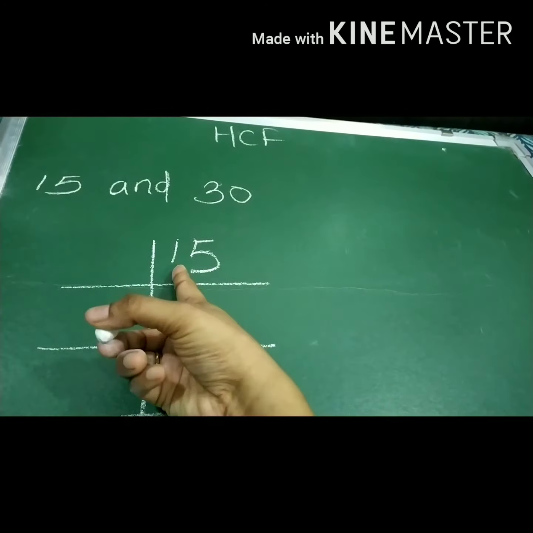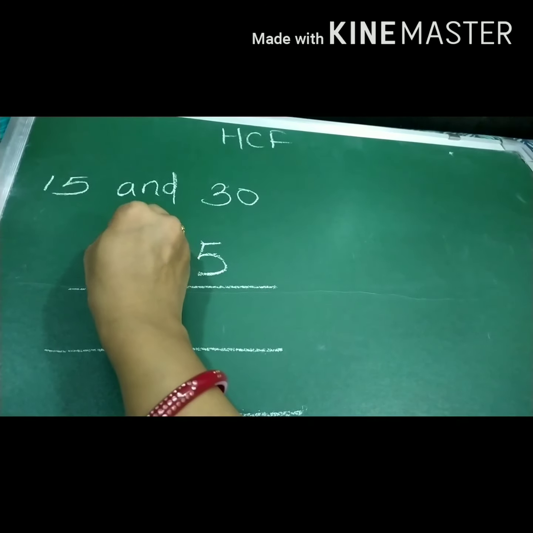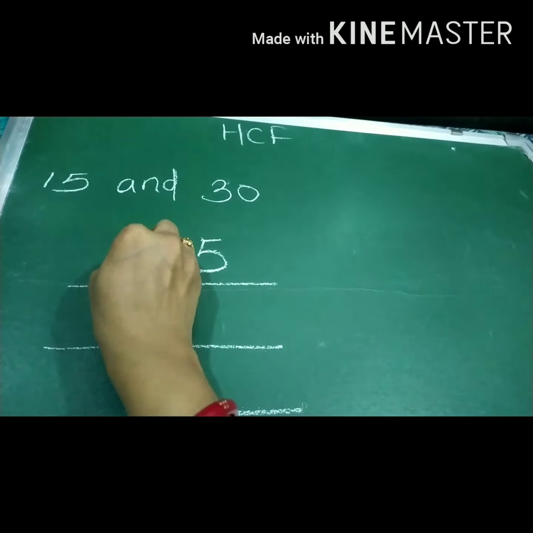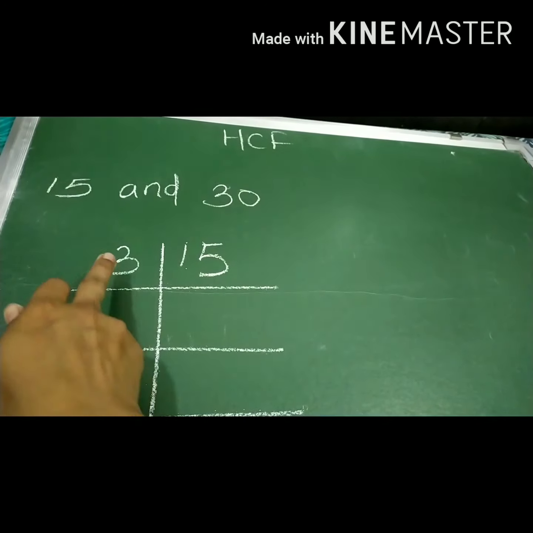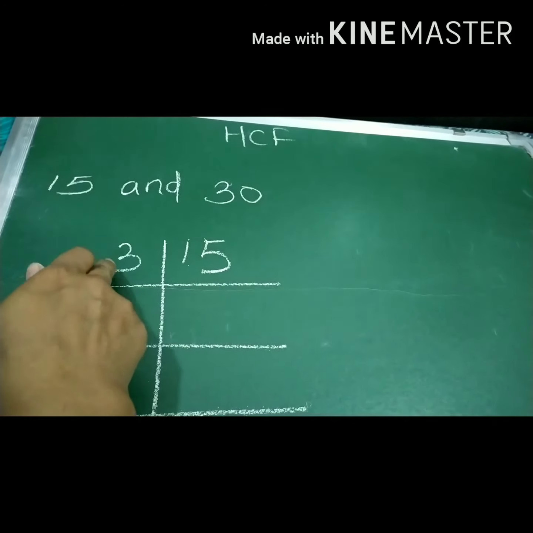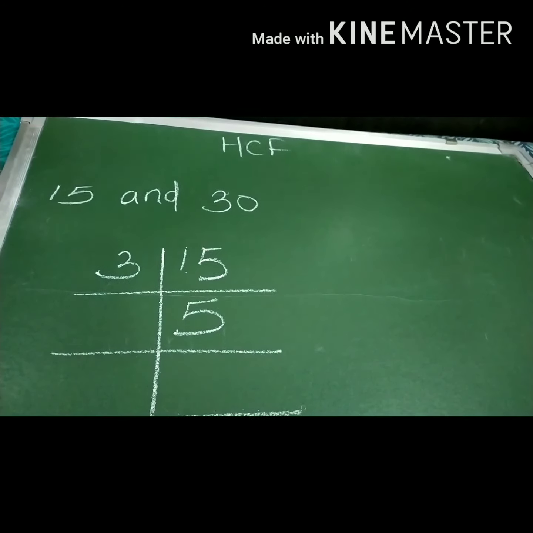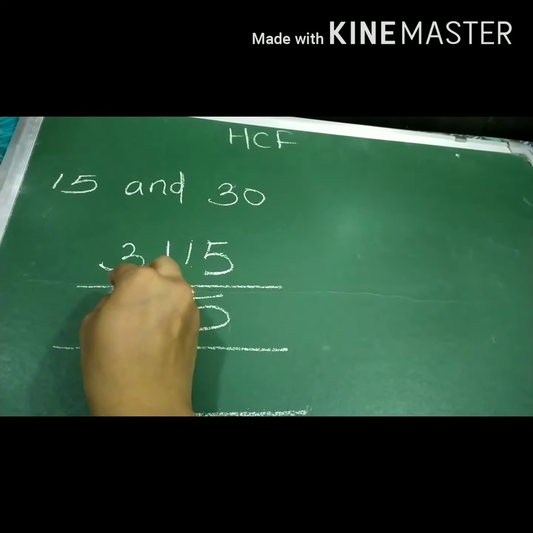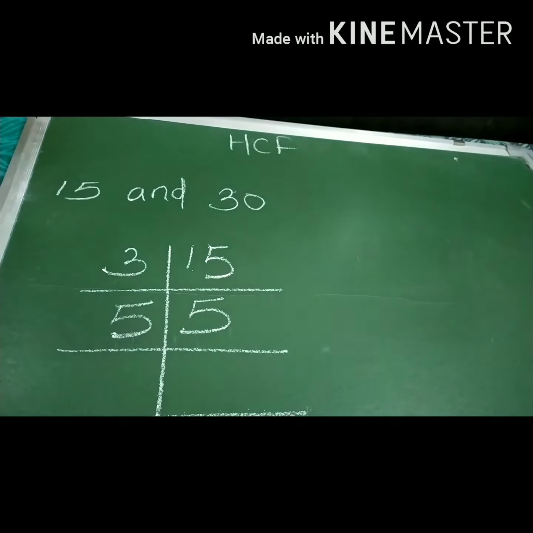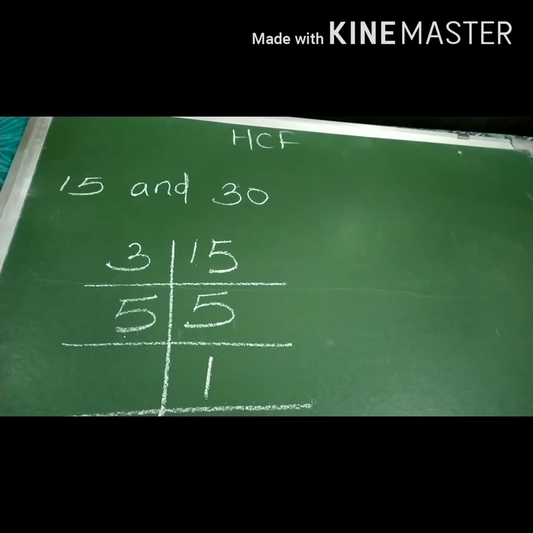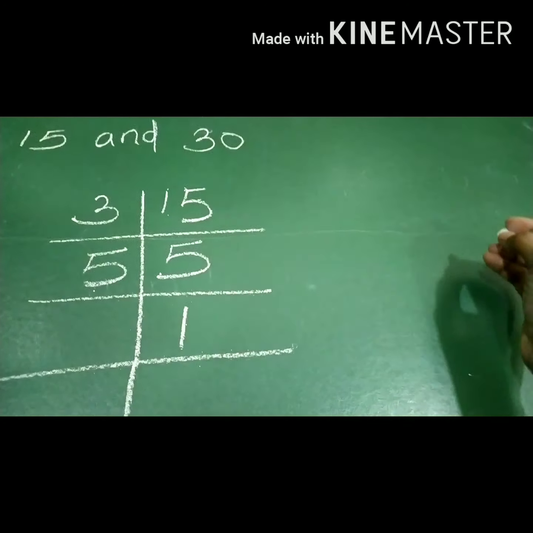Okay. So 15 is present in the table of 3. So first I will go for the lowest prime, that is 3. 3 5s are 15. Now 5 is divisible by 5 and 5 1s are 5. Now go for 30.